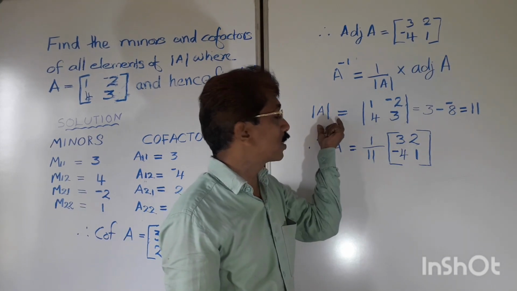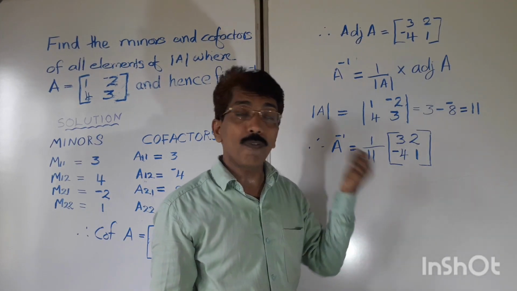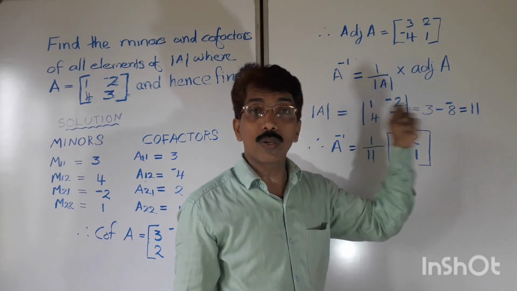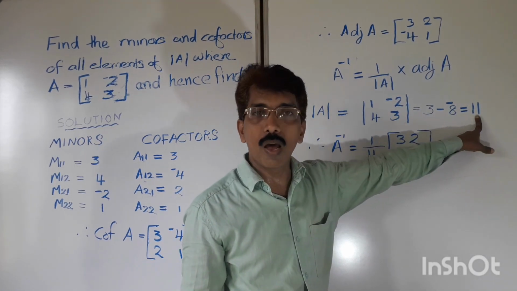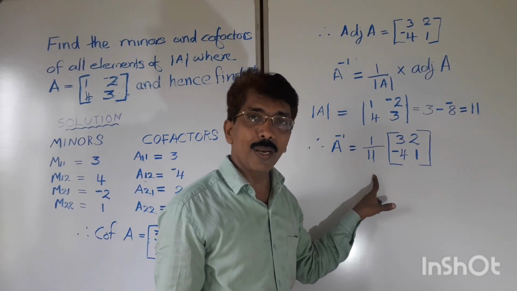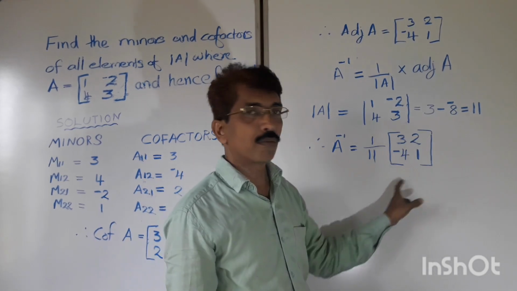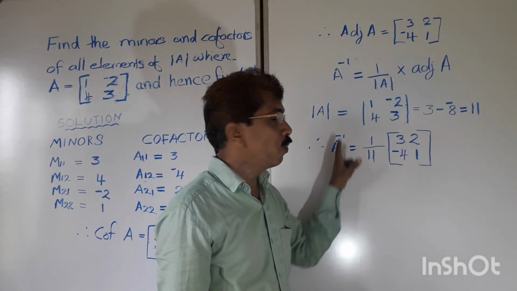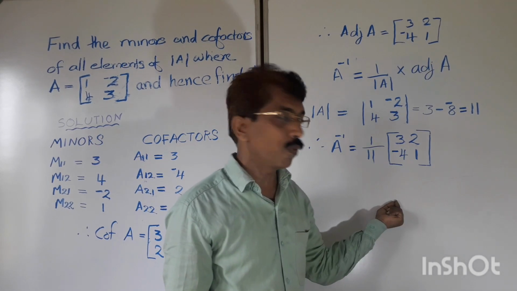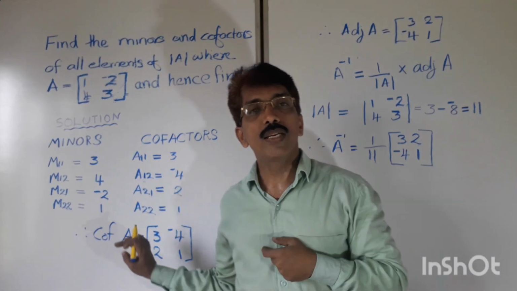If A is non-singular, determinant A is not equal to 0. Here it is 11, so we can find A inverse. A inverse equals 1 by 11 into adjoint A. This is adjoint A, which we already found, so we write it here. So we found A inverse by finding minors and cofactors.